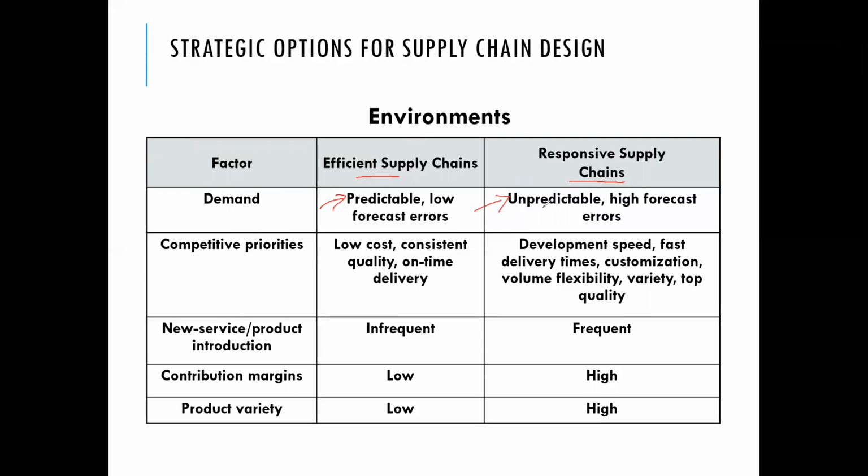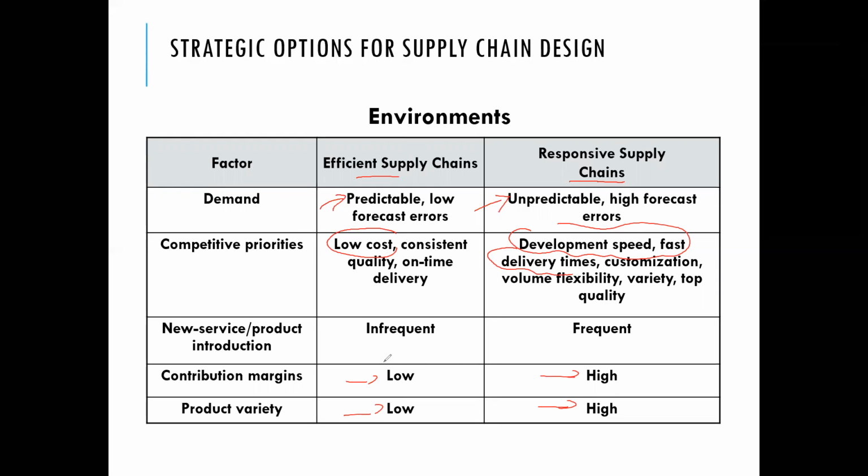It is difficult to predict demand for a product that needs a responsive supply chain. In an efficient supply chain, we prioritize low cost. In a responsive supply chain, we prioritize speed, whether it's the speed of development or the speed of delivery. Margins are generally higher in this one versus this one, and variety is generally higher in this one versus this one as well.